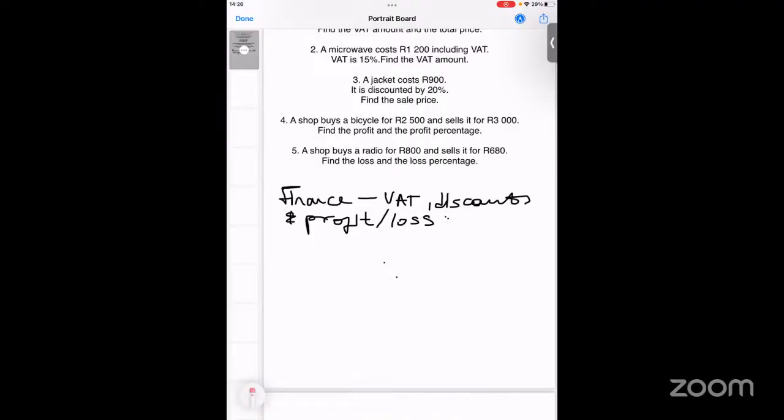Here, they are talking about a jacket that costs 900 rands and it is discounted by 20%. Now they say find the sale price.